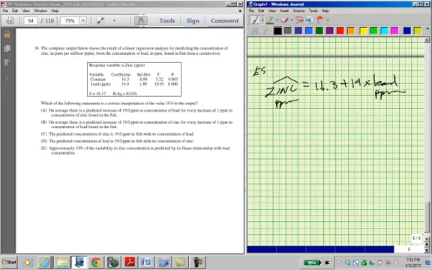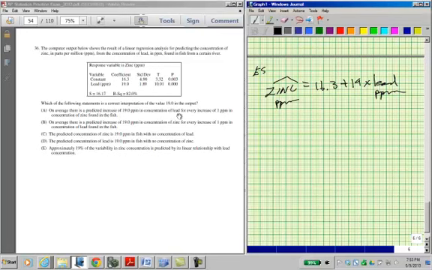So on average, there's a predicted increase of 19 parts per million in the concentration of lead. Okay, no.